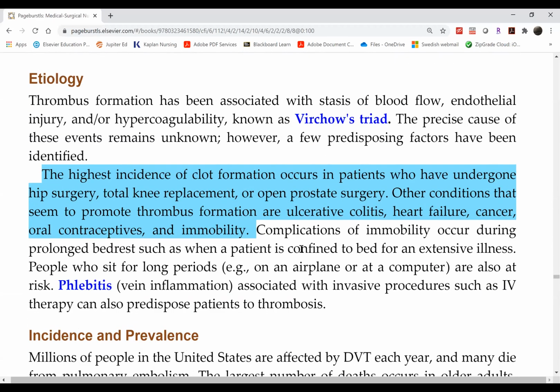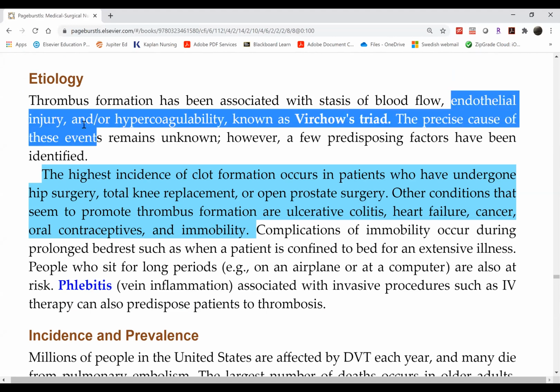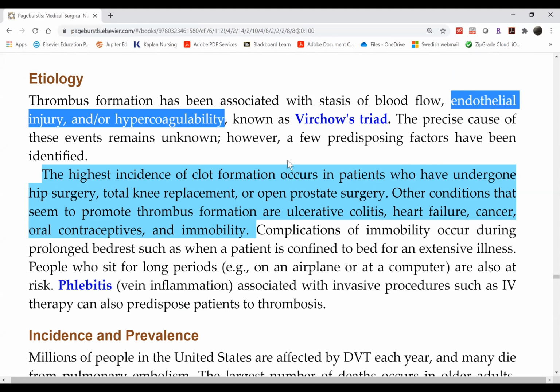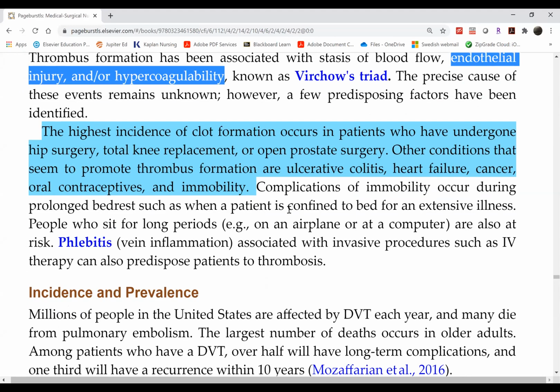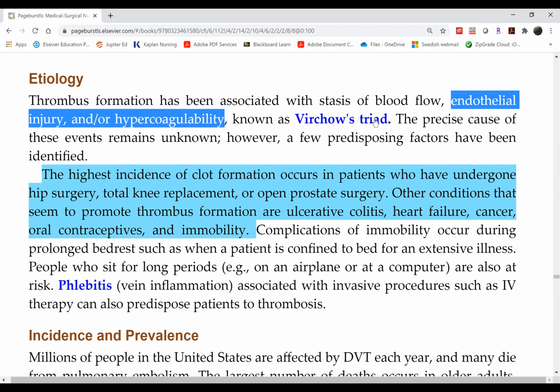Okay, here is your Virchow's triad. So we have venous stasis, we have endothelial injury, and then we have hypercoagulability. They just jumbled everything in here though. All the three conditions are listed here. So the highest incidence are those who have undergone surgery.